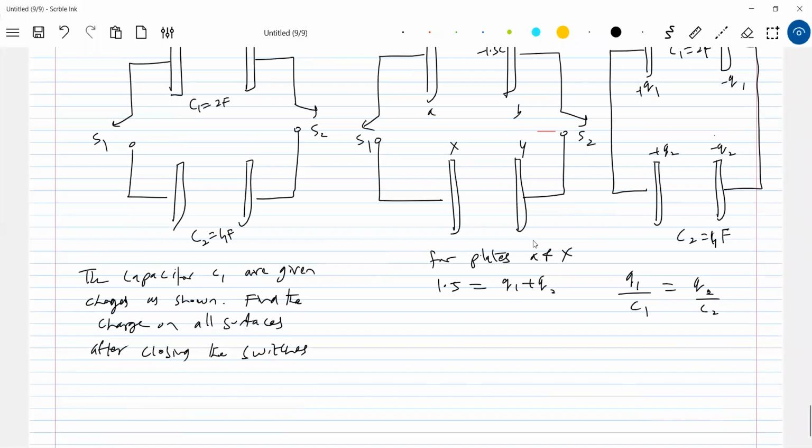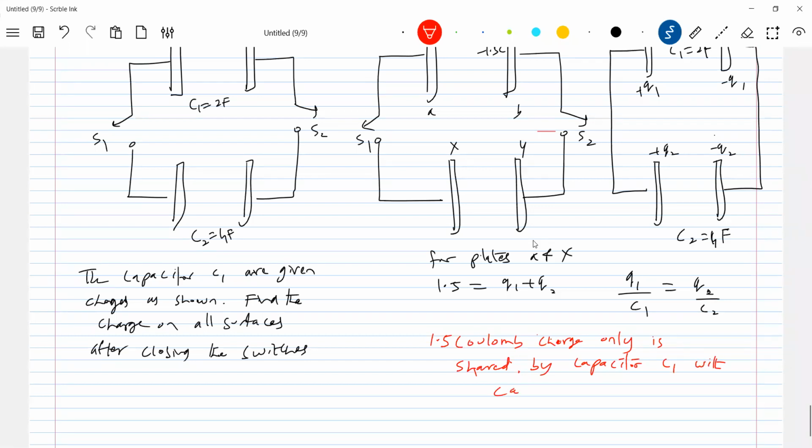Only 1.5 coulomb charge is shared by capacitor C1 with capacitor C2.